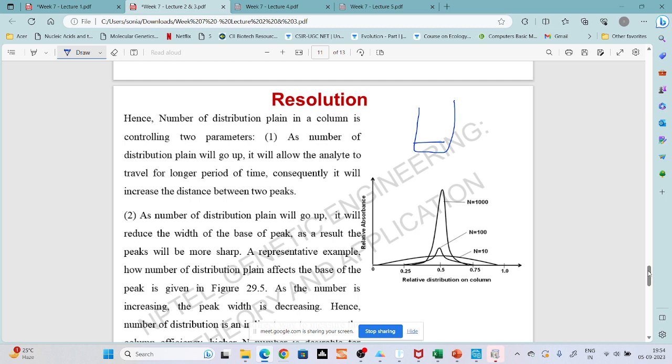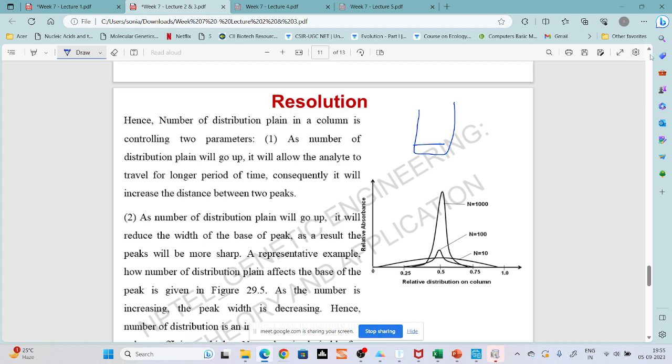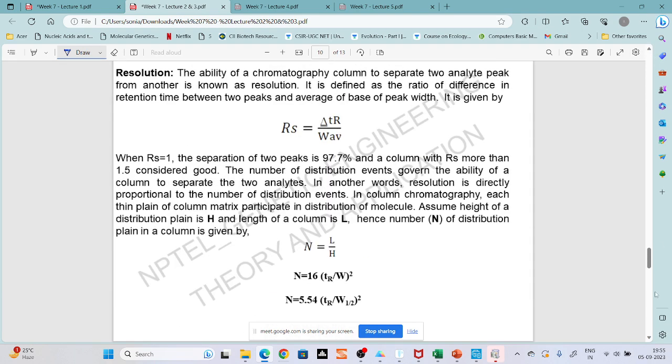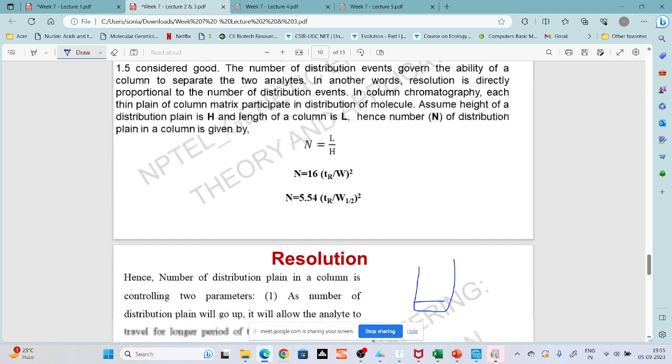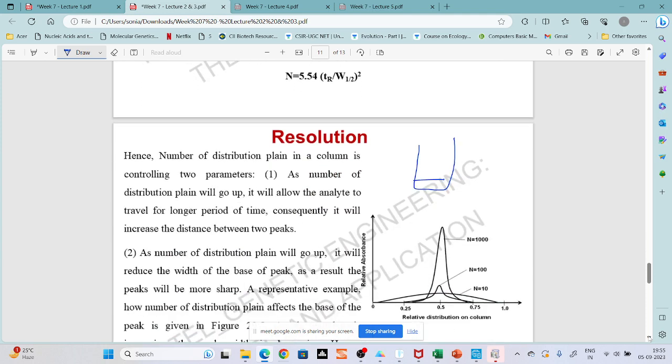It is beyond the scope of this particular class to explain, but if you really want to have a better understanding of how this works, there is a term which is known as theoretical plates.